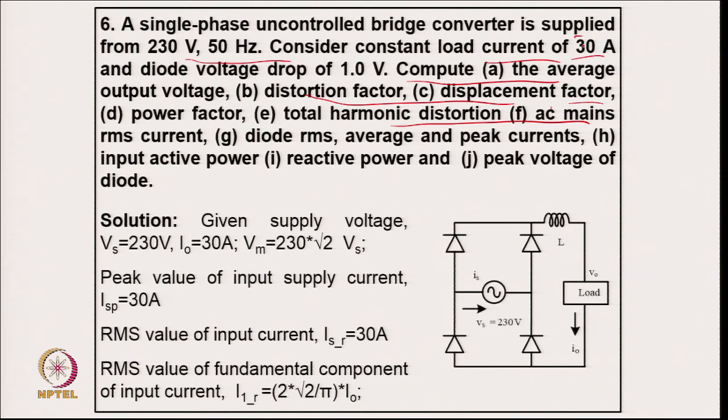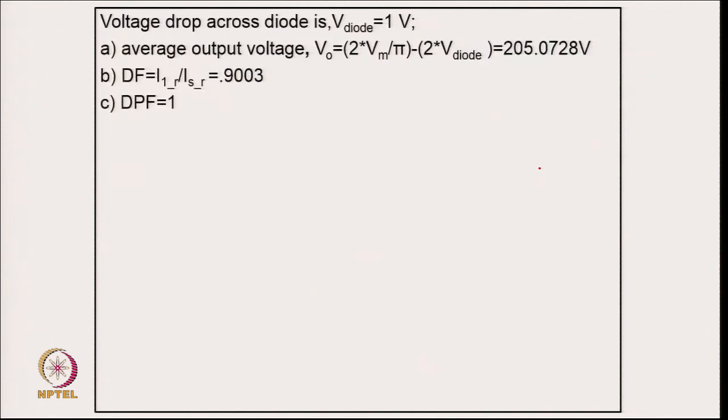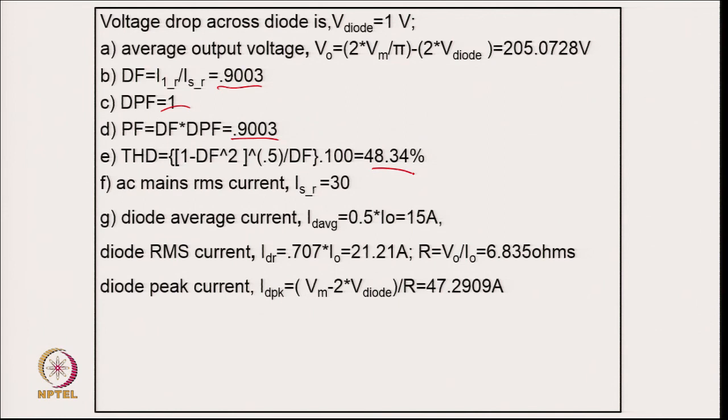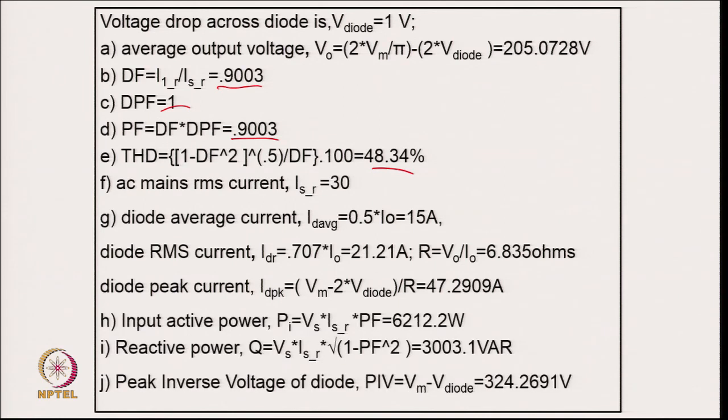Consider a constant load current of 30 ampere and a diode voltage of 1. Compute the output voltage, distortion factor, displacement factor, power factor, total harmonic distortion, diode average current and reactive power. So these are all computed data. Here the distortion factor comes to 0.9, displacement factor 1, power factor 0.9, and THD 48%, and the other data are calculated here.